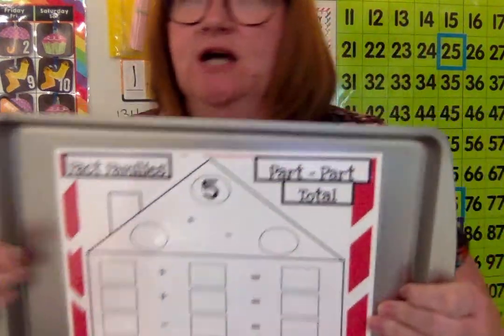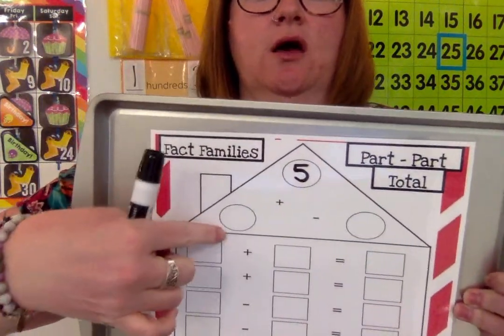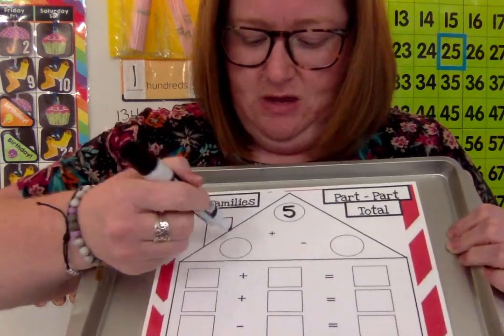We're going to start with some easier ones, if we think about things that equal 5. If I think of 5 as being my total, I'm going to write 5 up at the top. I like to write my total at the top. And then I think about these 2 combined together, like in our number bond.